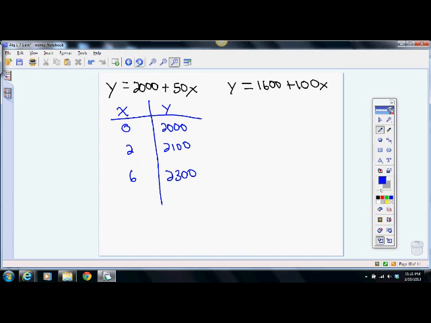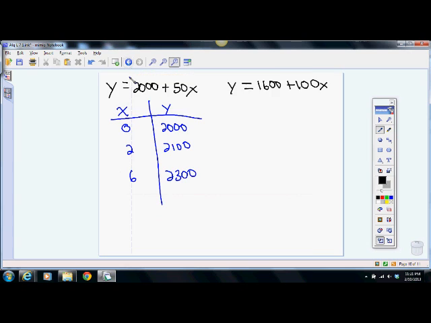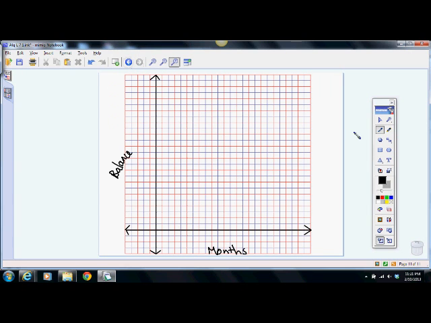So let's plot these points. The x-axis here is going to represent our months, and this is going to represent the balance of the account. Okay, so we have to identify our scale here.